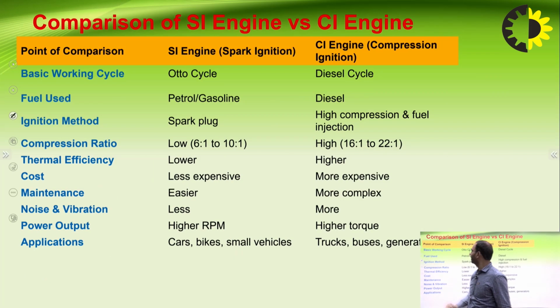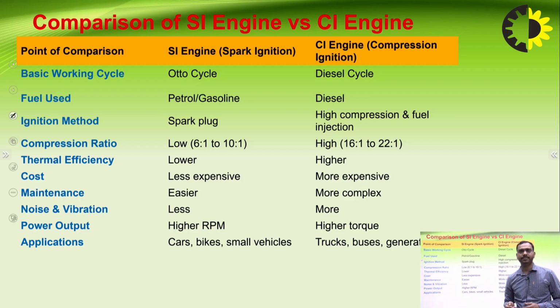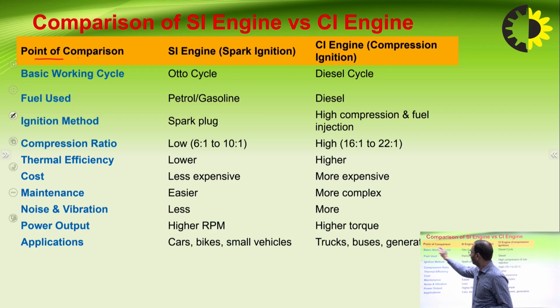Now I will discuss the comparison between SI and CI engine. SI means spark ignition, CI means compression ignition. SI is also known as petrol, whereas CI is also known as diesel engine. So this is a point-wise comparison between SI and CI.